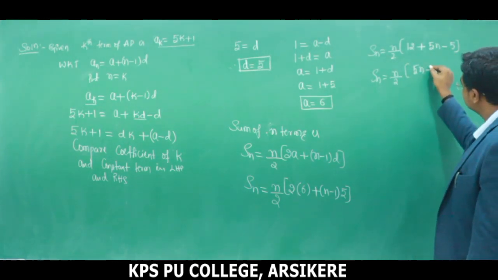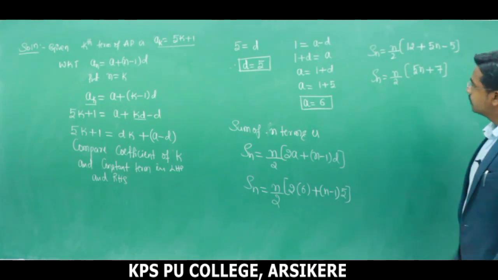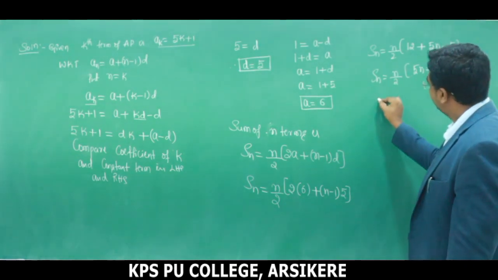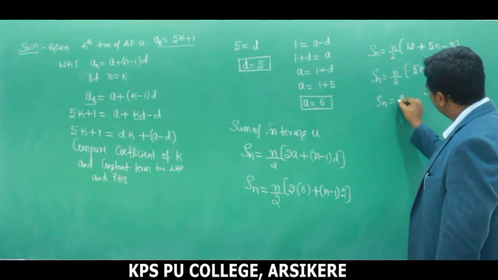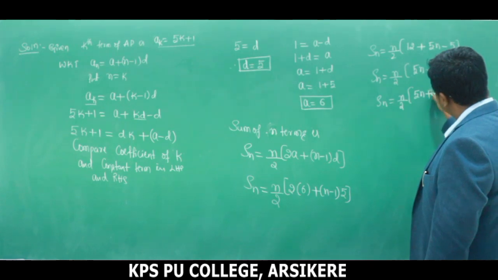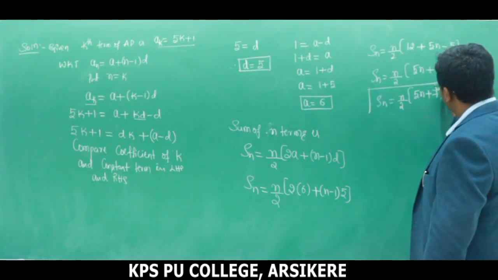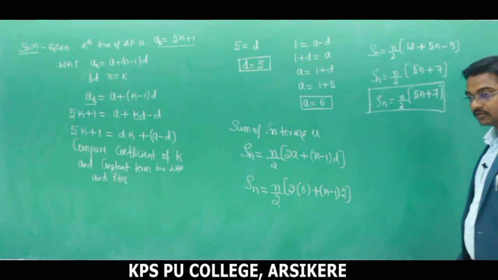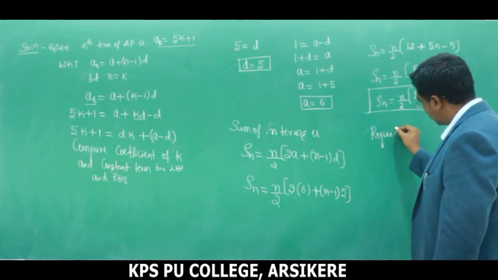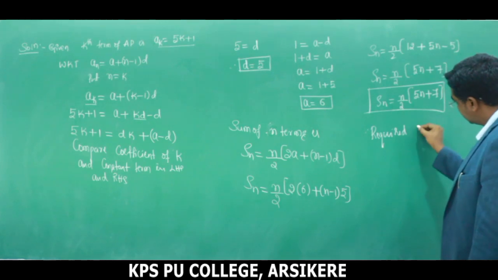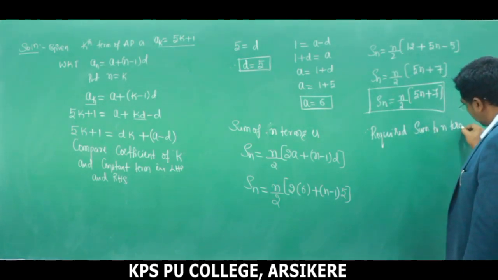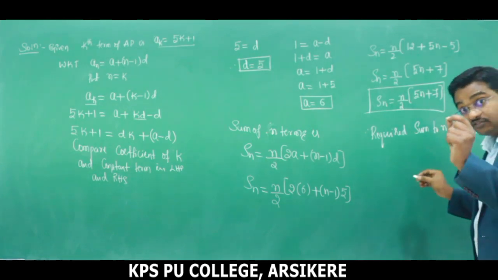That reduces as 7. Therefore Sn is equal to n divided by 2 into 5n plus 7. So this is the required sum to n terms of the given AP.